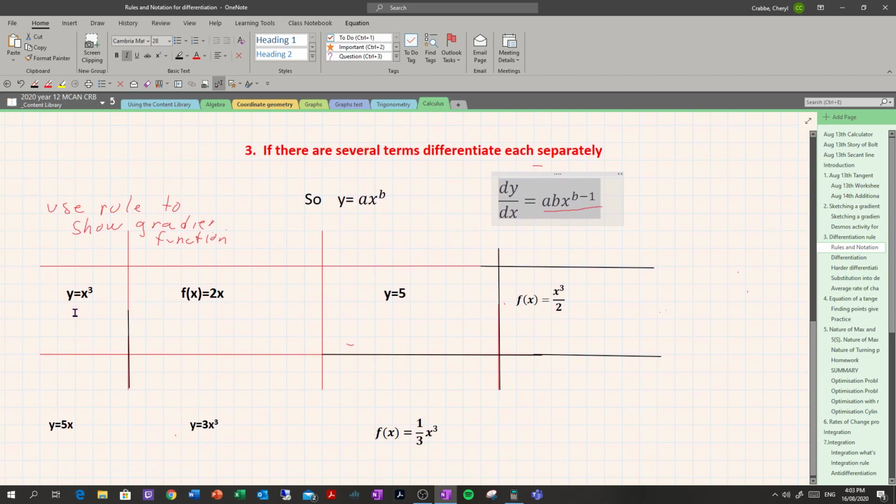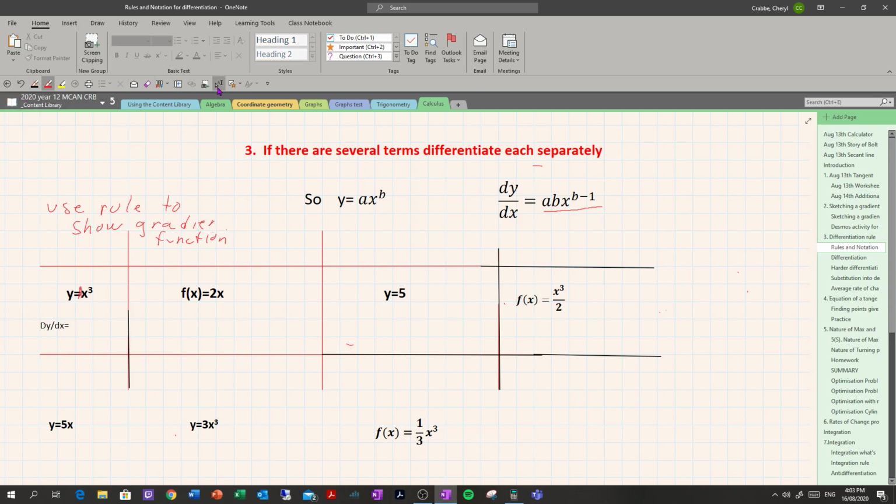So let's see what that looks like when we do it here. Because it's y equals, it's going to be dy over dx is equal to, and then what's the rule? Well, there's a 1 in front of that x. There's actually a, in this case, is just 1. So you're going to be going 1 times 3, so that's a times b times x with an exponent of 3 minus 1. 1 less than the exponent, right?